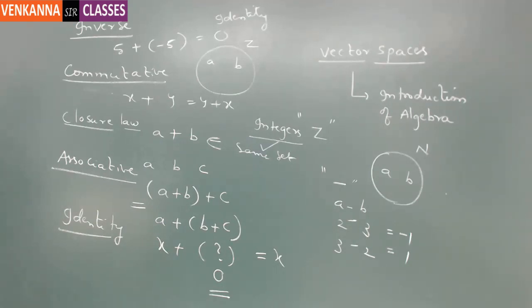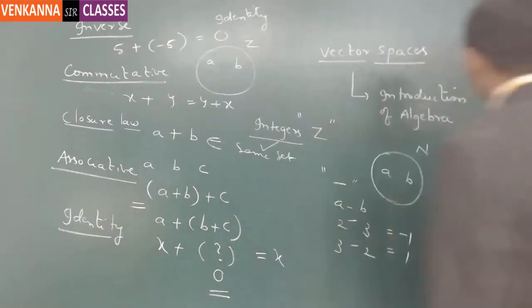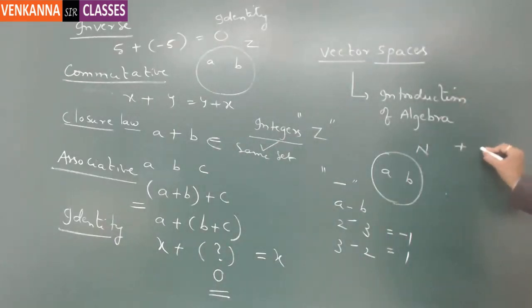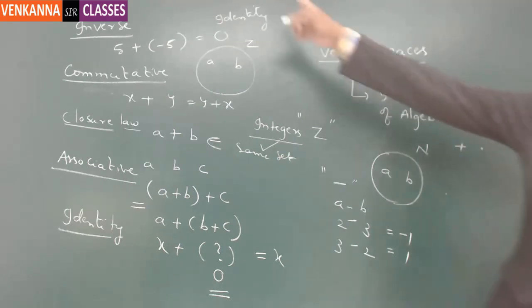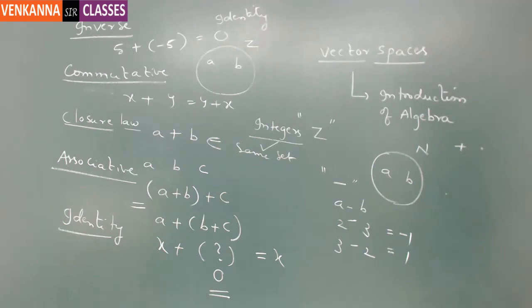In these, there are some sets which, by taking two operations at a time, plus and dot, satisfy all the 5 properties: closure, associative, identity, inverse, commutative. With respect to addition and with respect to multiplication, those sets satisfy all the 5 properties. They are called a field.